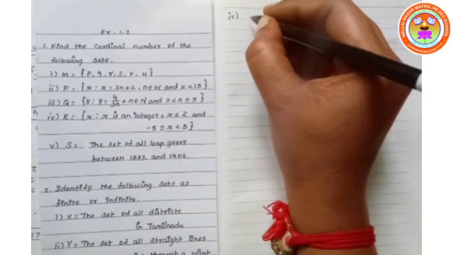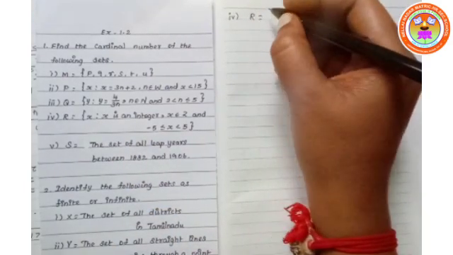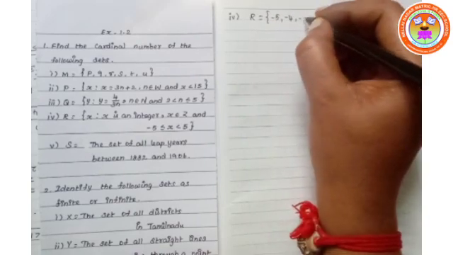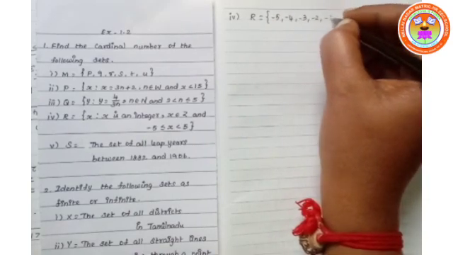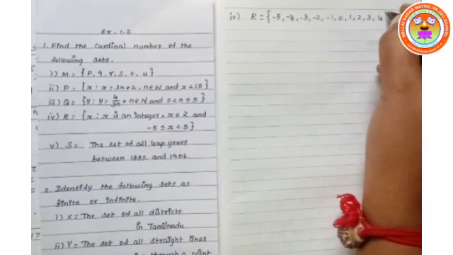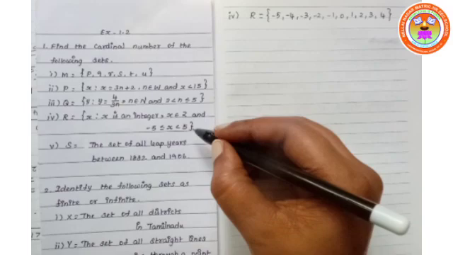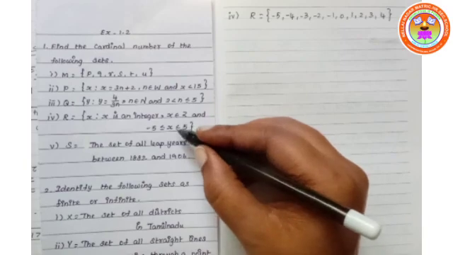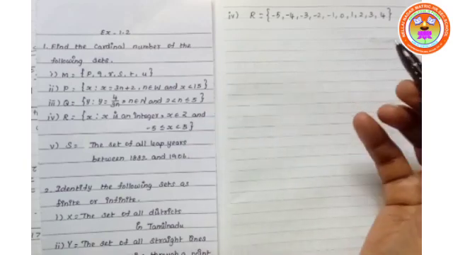So, the elements of the set R becomes minus 5 also. Then minus 4, minus 3, minus 2, minus 1, 0, 1, 2, 3, 4. You need not take 5 since they didn't give equal to. They given only less than. So, before value only you have to take.